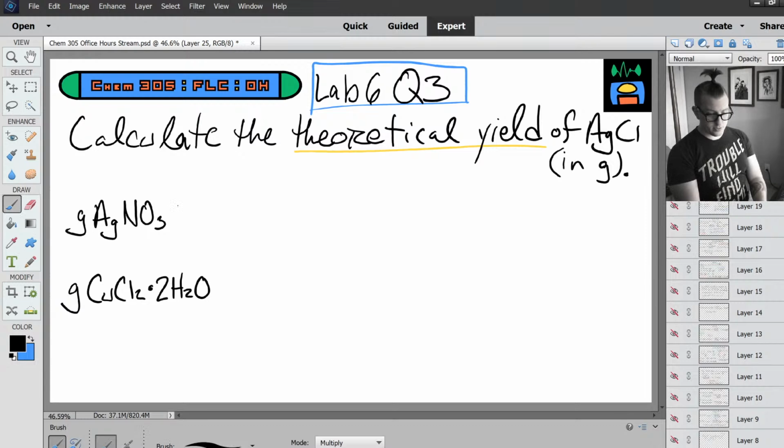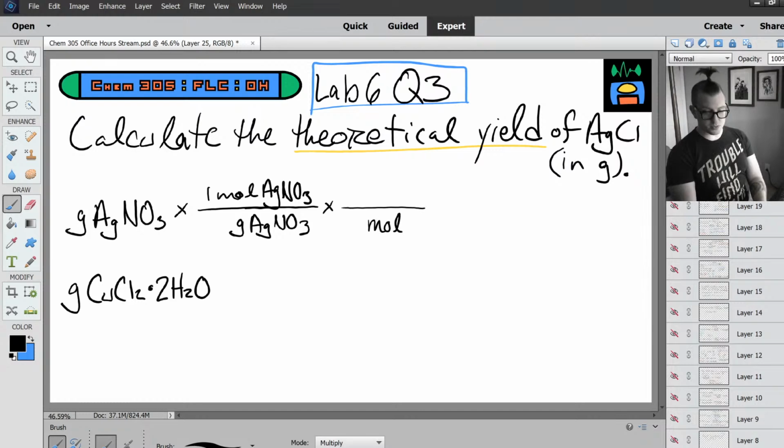So the setup here is we have to do this calculation for both silver nitrate and copper 2 chloride dihydrate. So first we use the molecular weight for silver nitrate to convert grams to moles. Then we convert moles of silver nitrate to moles of silver chloride.